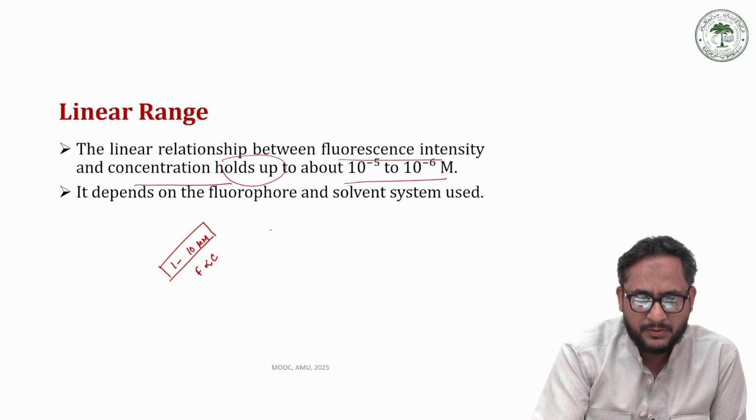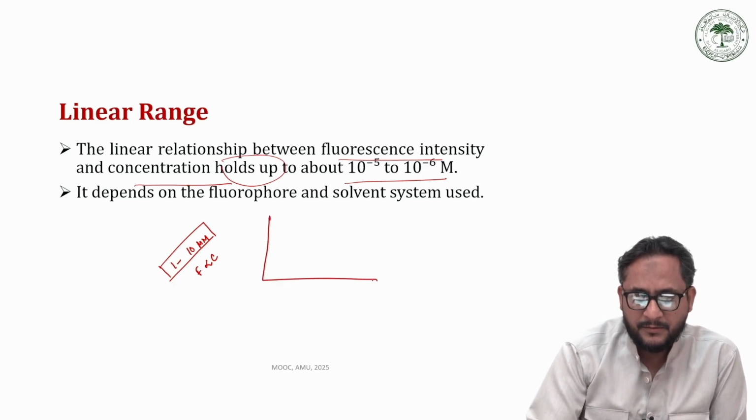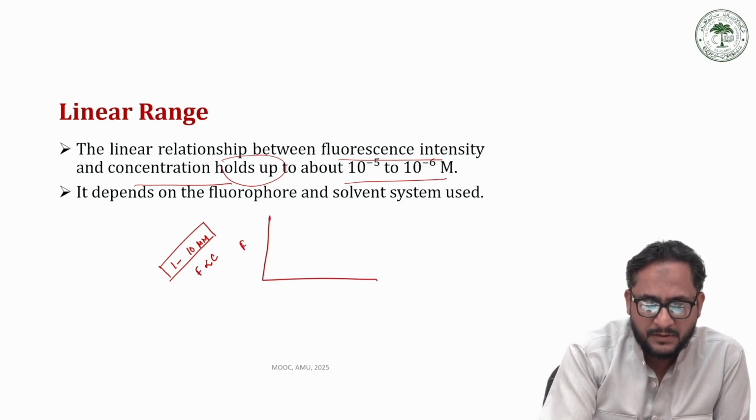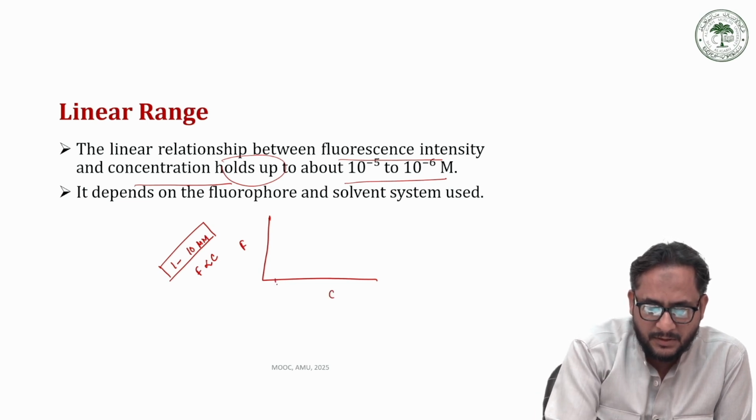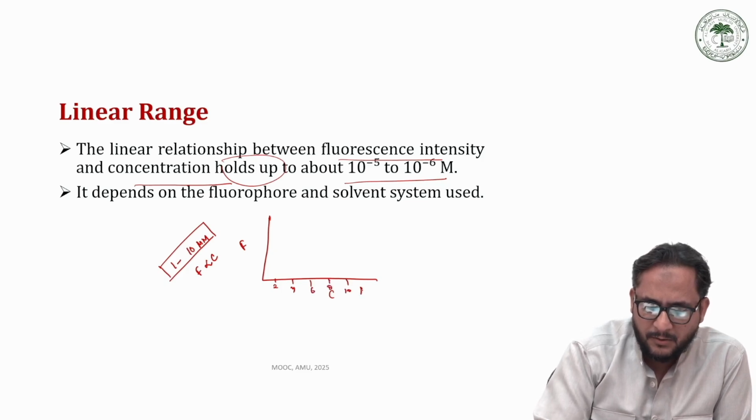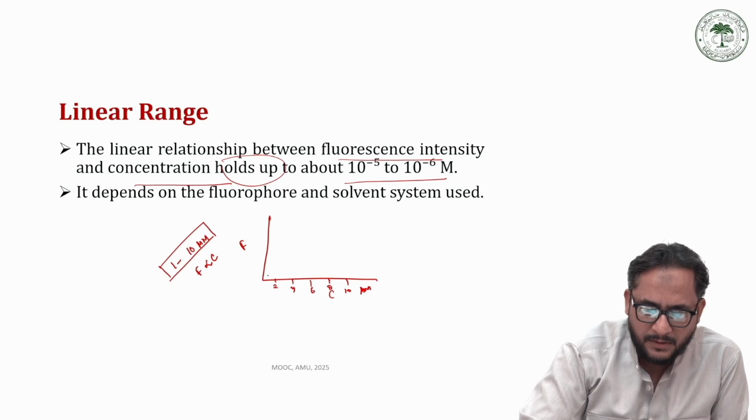F is directly proportional to C. So if we plot a graph between fluorescence intensity and concentration, and the concentration is in the range, for example, 2, 4, 6, 8, 10 micromolar, we will get a straight line.